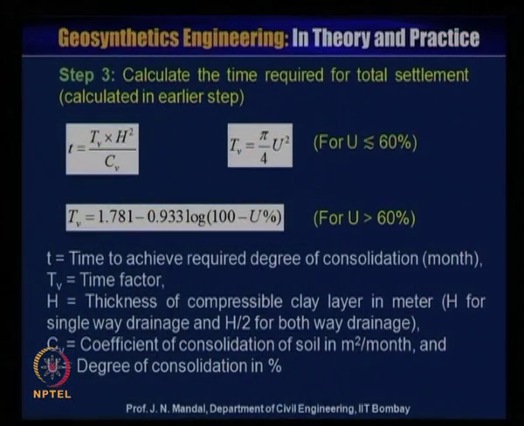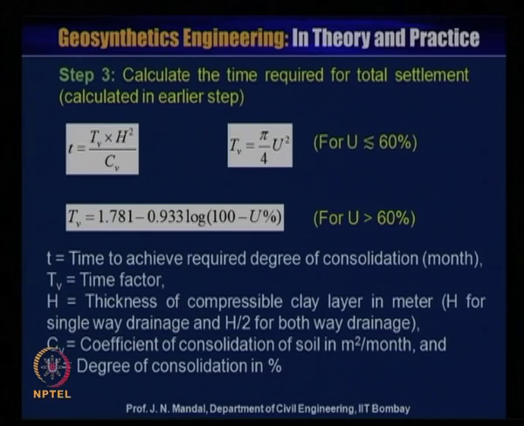Step 3, calculate the time required for total settlement. So, calculation in earlier step. So, you know that t is equal to Tv into H square by Cv, where Tv is equal to pi by 4 into U square for U less than or equal to 60%, and Tv is equal to 1.781 minus 0.933 log of 100 minus U percentage for U greater than 60%.